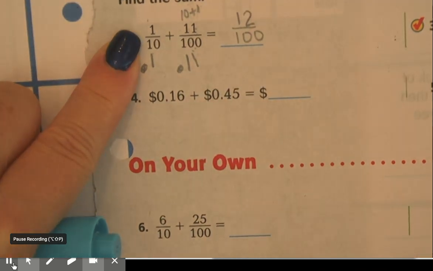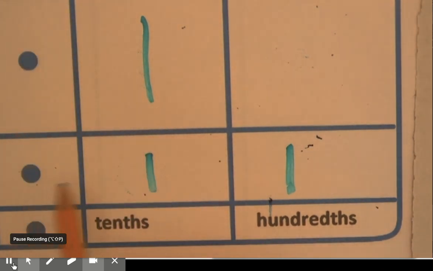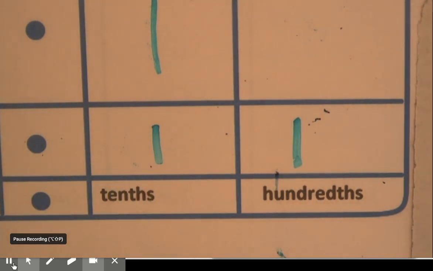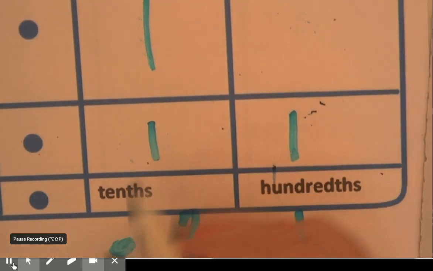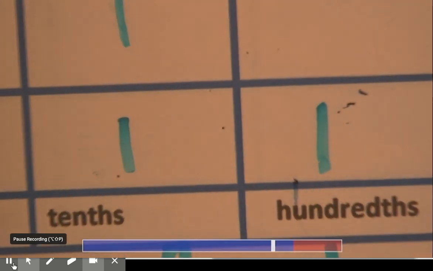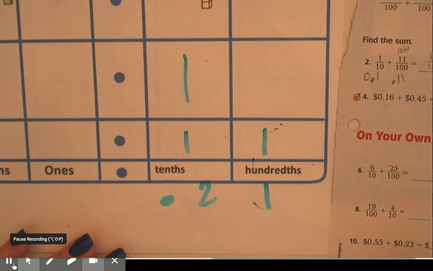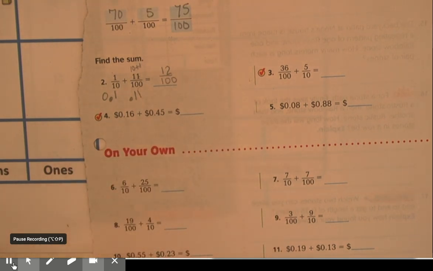And that would be wrong, because when you line up the place value, 1/10 and 11/100, now you can add that together. Nothing plus 1 is 1, and then 1 plus 1 is 2. So the answer would be 21/100. So my mistake here was I did not take into consideration place value.